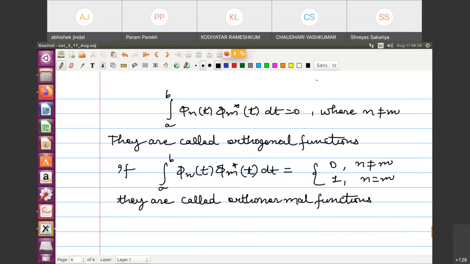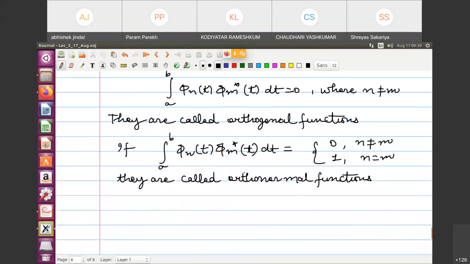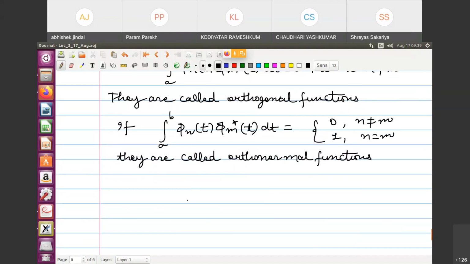I think this orthogonal and orthonormal concept, I assume that you must have gone through. Basically, orthonormal means that the norm of each function, or let us say if I assume that n is m, then the integral from a to b must be, that is, the energy of phi n(t) must be 1. Although it can be any number k of n.